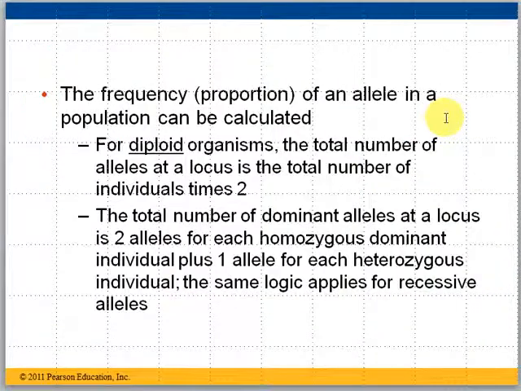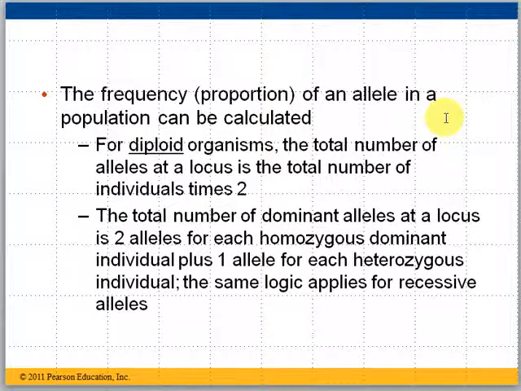So again, remember that we're talking about just putting all the alleles in a bucket, and the allele is, say, capital A and little a for a particular trait. If we're only talking about two possibilities there, the frequency or the proportion of any one particular allele in a population can be calculated, and that's where some of our math is going to come in. For diploid organisms, which means they have two sets of chromosomes, like humans, we have 23 pairs, so we're diploid.